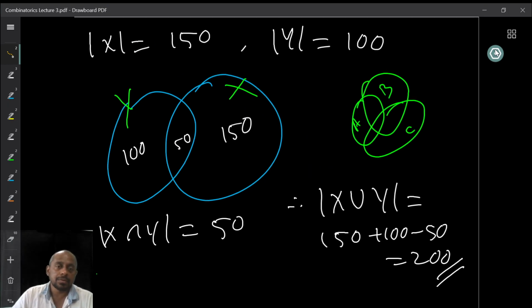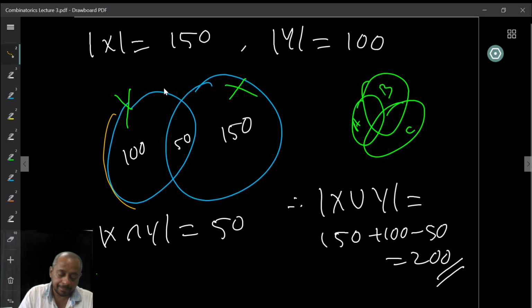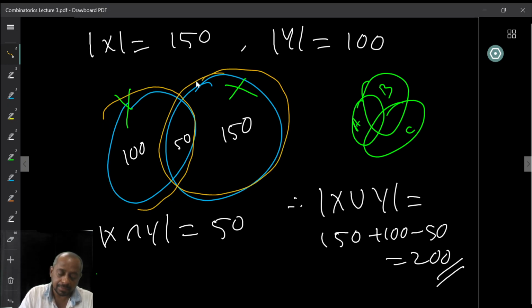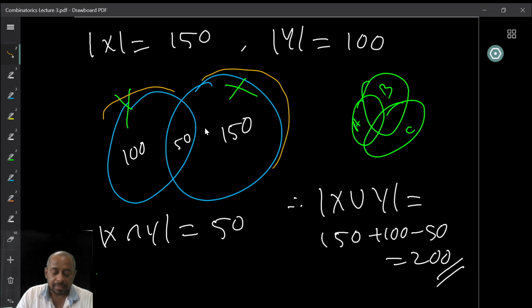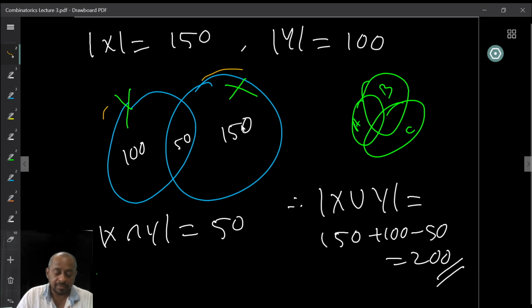So now we can use this property. The numbers that are divisible by 3 and by 2 number 100 and 150. Their sum is 100 plus 150, which is 250, but 50 of them are common, right? They are divisible by both 2 and 3.